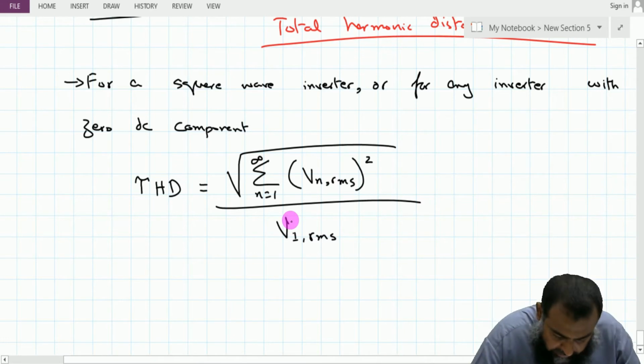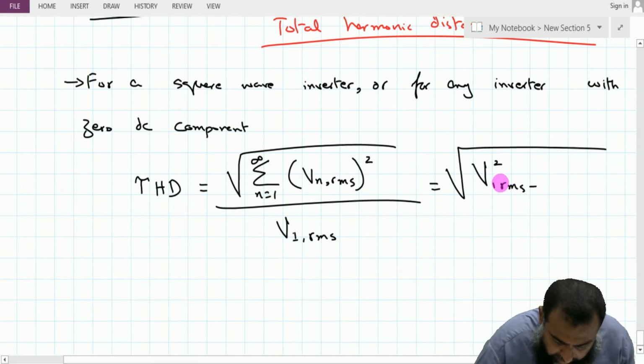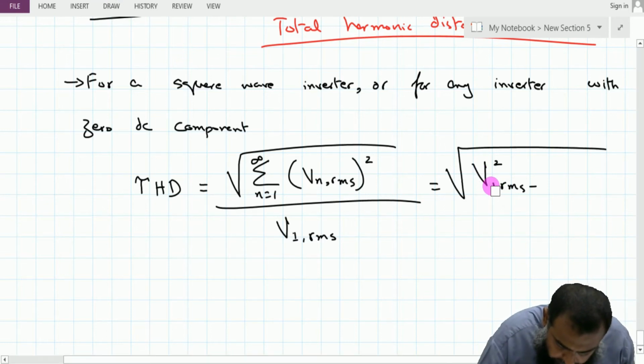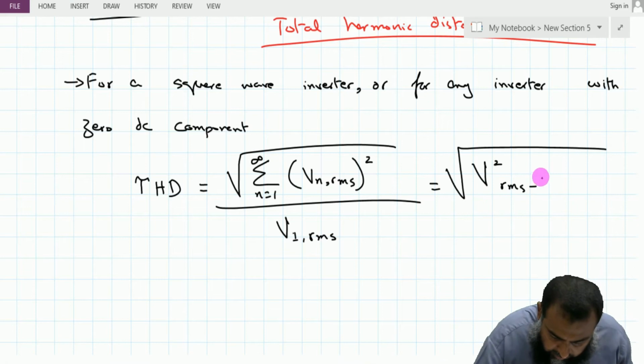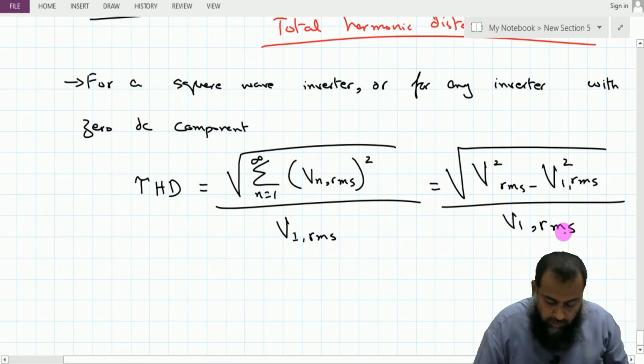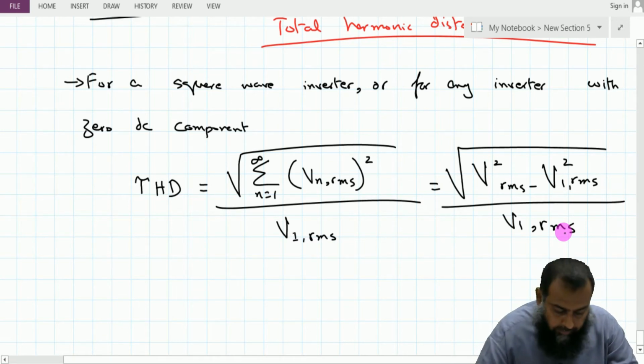This can also be written as the square root of VRMS square minus V1 RMS square, divided by V1 RMS. These two equations are essentially the same.